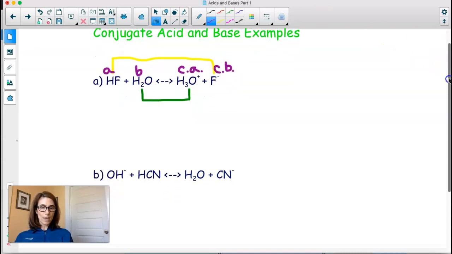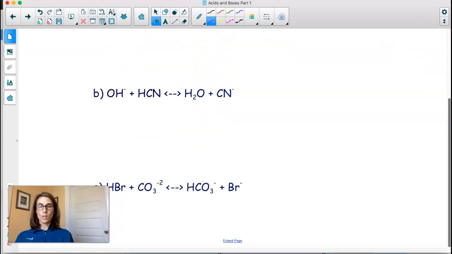So let's take a look at this example. Okay, so we have an OH minus and we have an HCN. So again, we see the OH, the hydroxide ion. So you should kind of be thinking base, and then you see HCN, and you see that it starts with an H plus ion, so you should be thinking acid there.